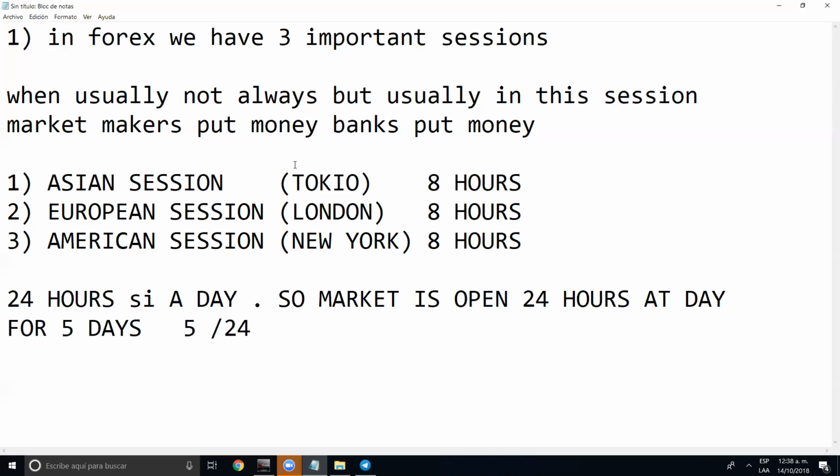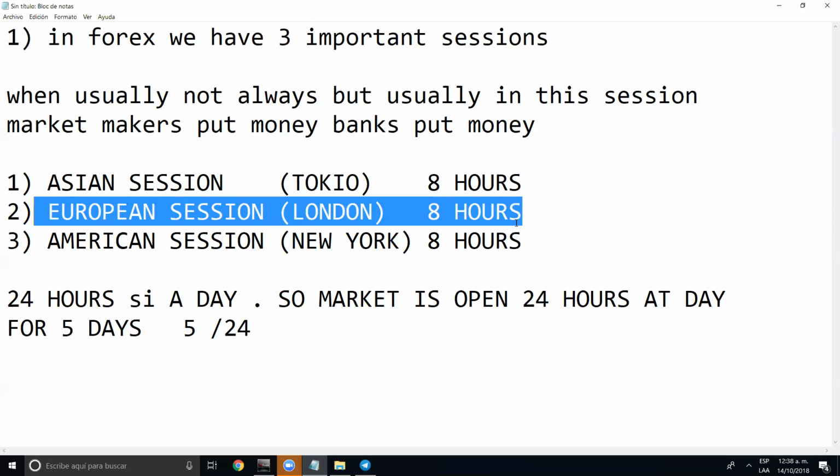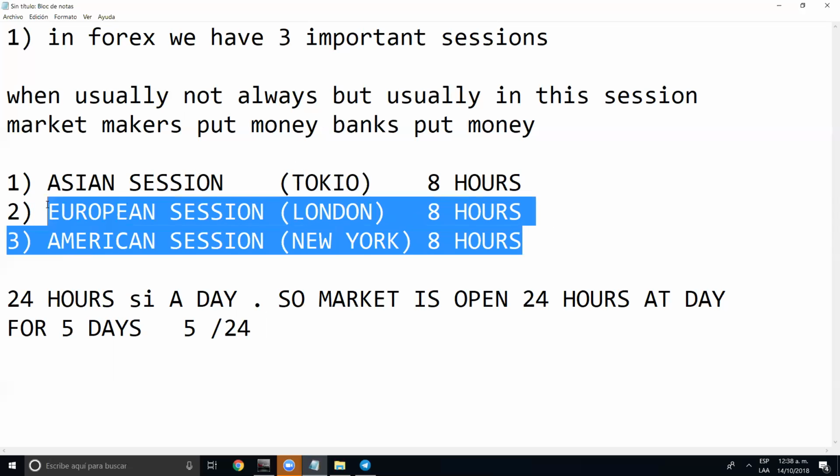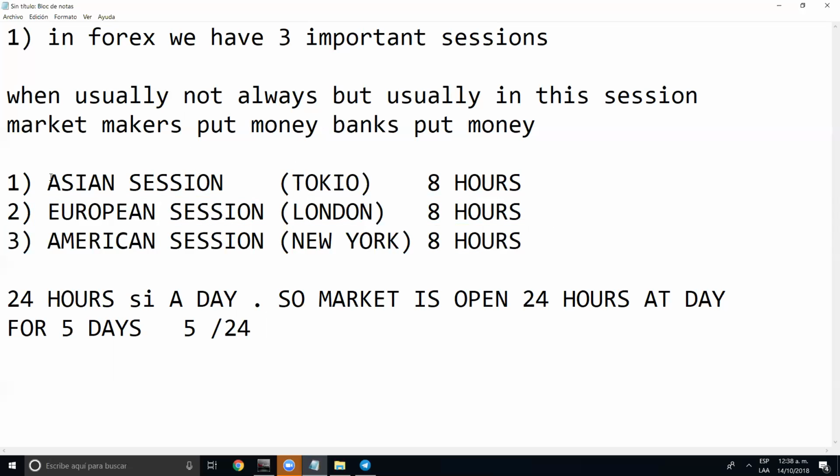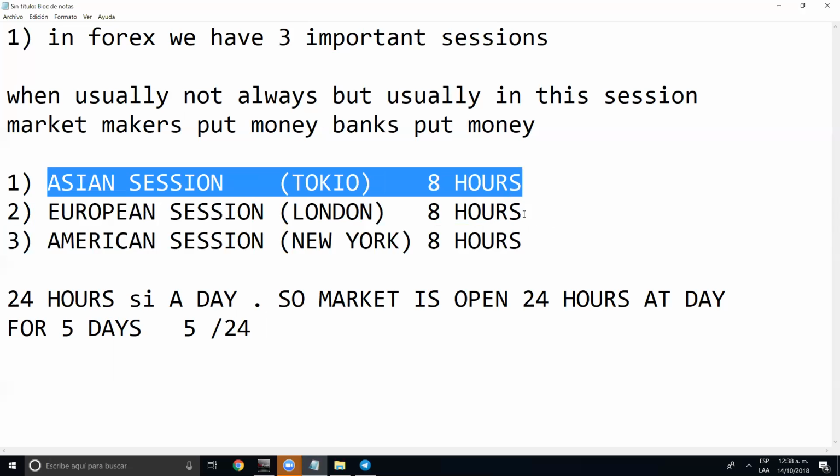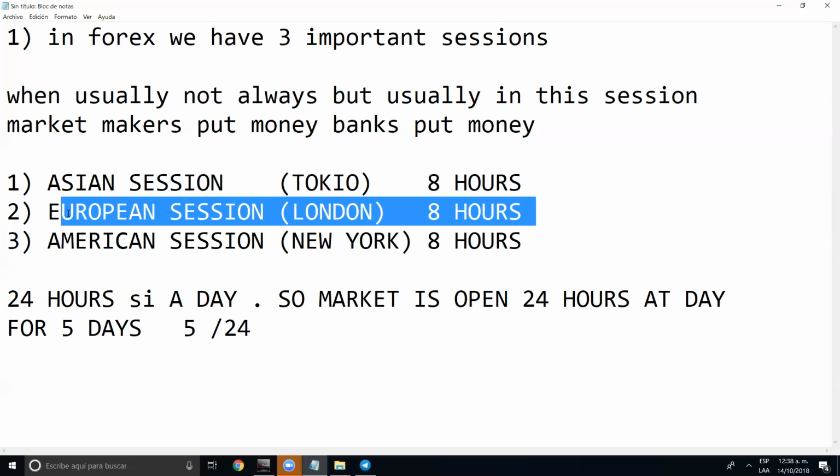This is the reality. The money usually is moving from one session to another, and we can find opportunity in these sessions. Okay, between sessions we are not always finding money, but the most important are the European session, where the market is moving with more volatility, and the American.